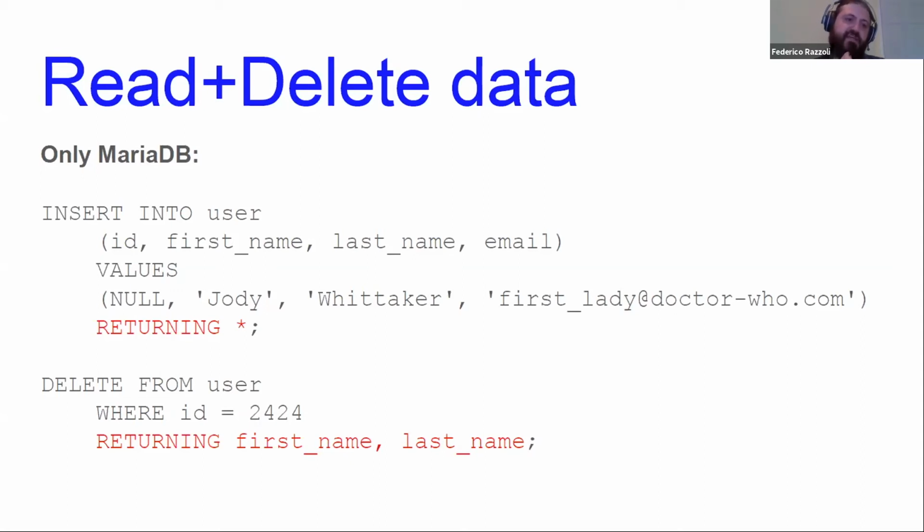the first case is probably more obvious, because if you think about what ORMs do, they often insert rows where the primary key column, the ID, is automatic, so they don't know the ID for that row. So what they do is insert and then select. If you can do this with only one query, it's better.